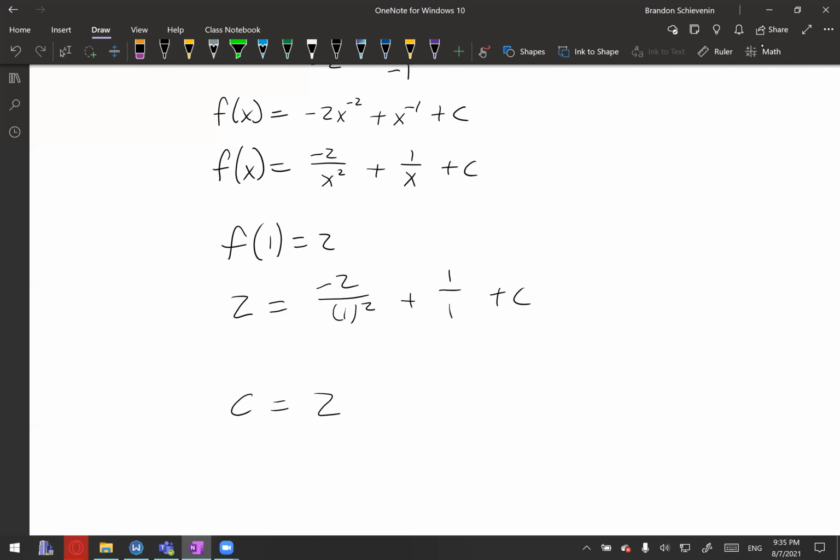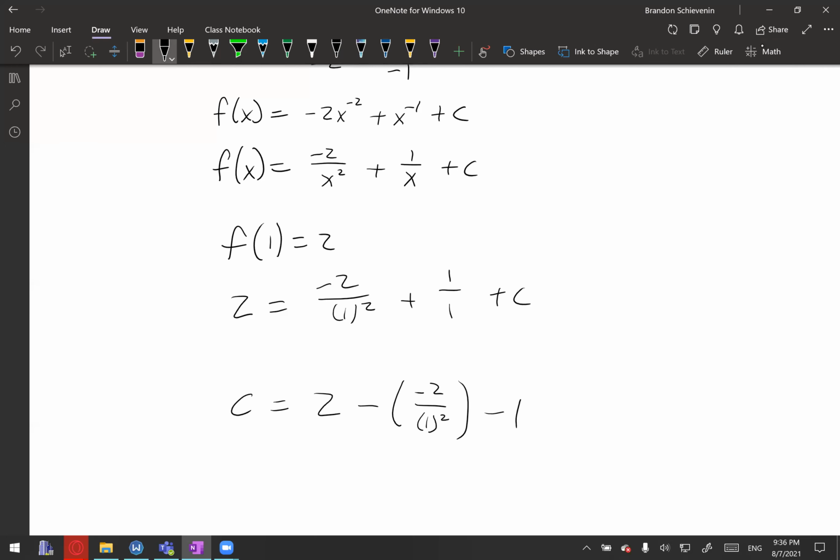Okay, I'm going to stick to what you were doing. So this is the 2 from the left side. And then we subtracted negative 2 over 1 squared. And then minus 1, I got to move it to the other side. So this will be negative 1.